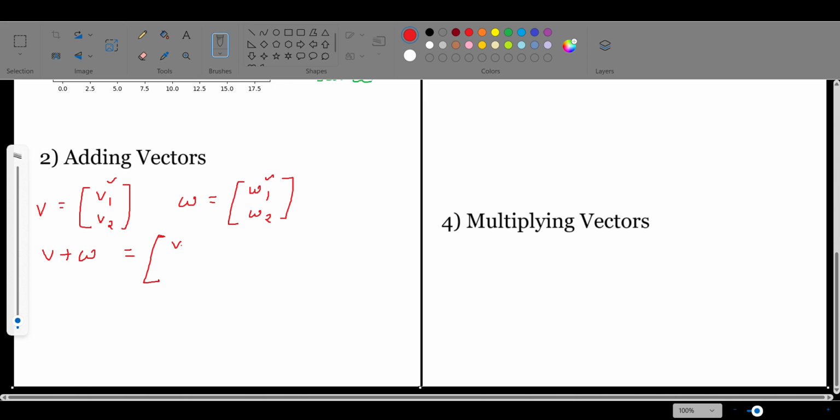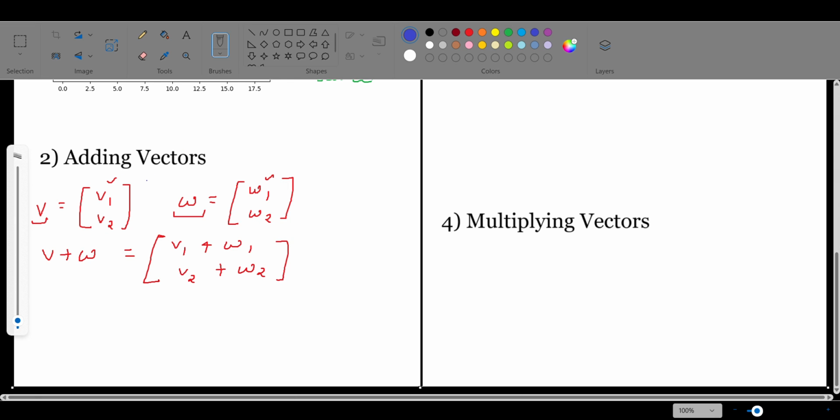So this would be equal to v1 plus w1, v2 plus w2.